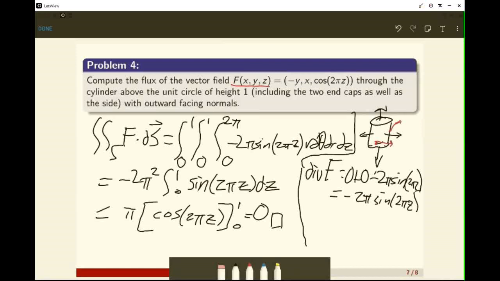And then on the two end caps, so we're thinking of these upper and lower disks, our normal vector is going to be either just the vector 0, 0, 1, or for the lower disk 0, 0, negative 1.